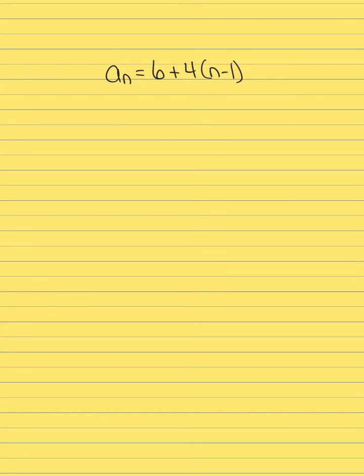Okay, so just a quick refresher on what an arithmetic sequence explicit formula looks like and what each item is, and then we'll talk about how to change it into function notation. So first of all, the 6, the number in this position, is the first term in the sequence, right?